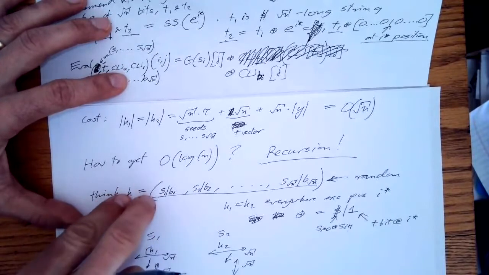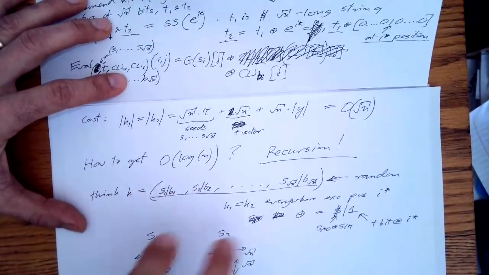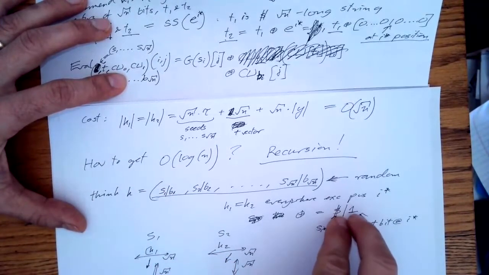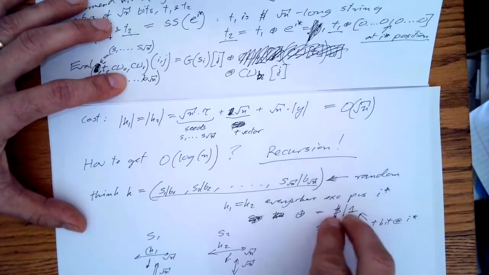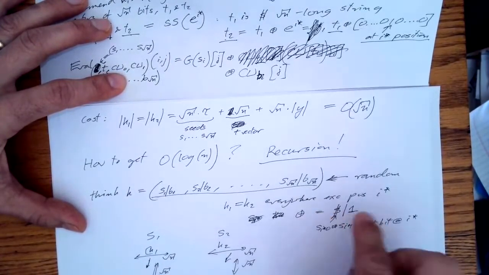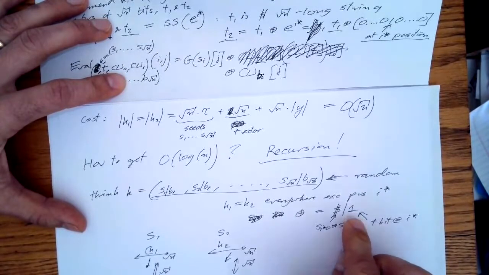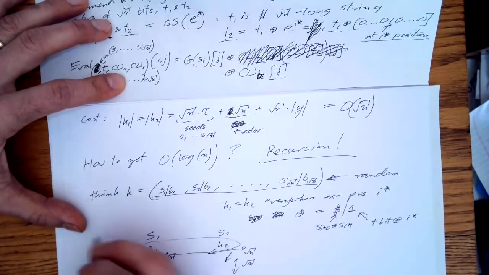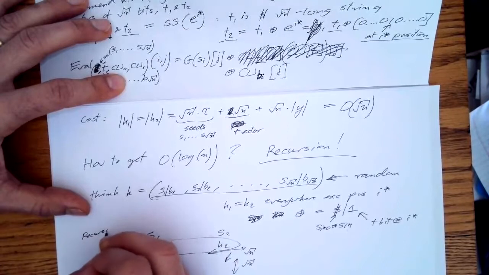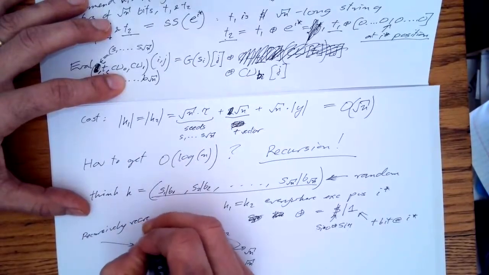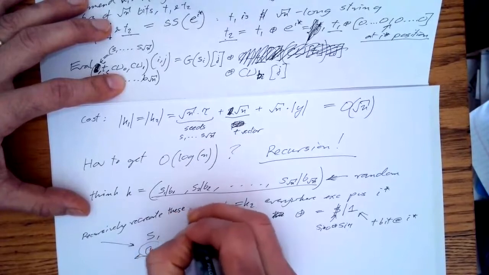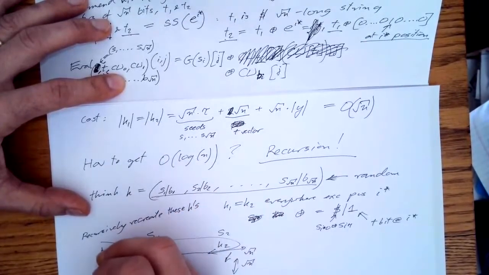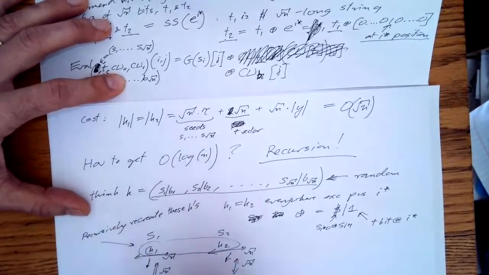The keys have to have these properties: they're the same everywhere except at this one location, where they encode a fixed value. In fact, the first part we don't care about, but the second we care about. Use recursion for that: recursively recreate this case using the same solution.